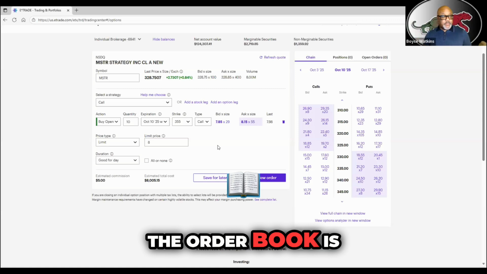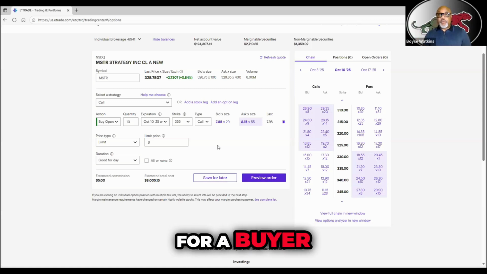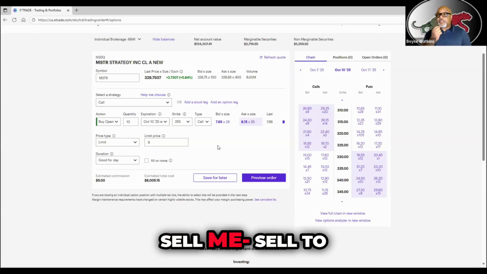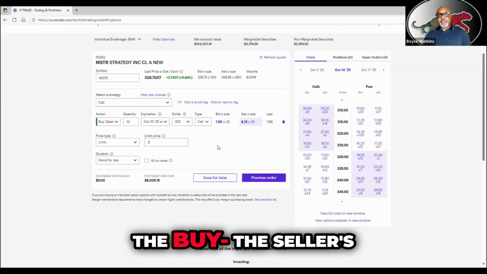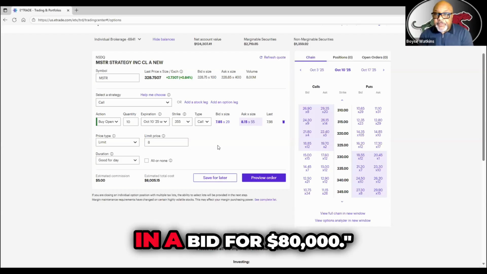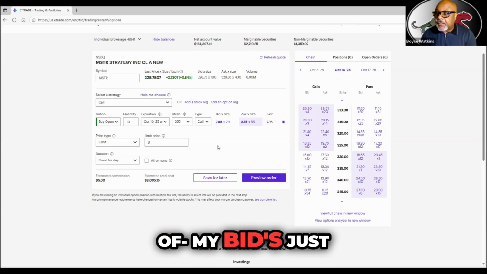The order book is just orders sitting there waiting for a buyer, or waiting for a seller, waiting for somebody to sell me these assets for eight. It's just like if I go shopping for a boat, and the seller's asking $100,000, and I say I'd like to put in a bid for 80,000. My bid's just going to sit there.